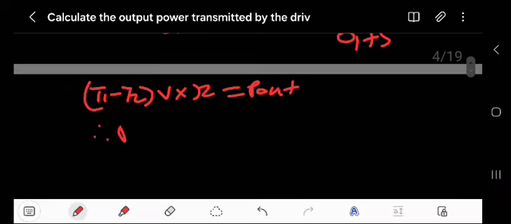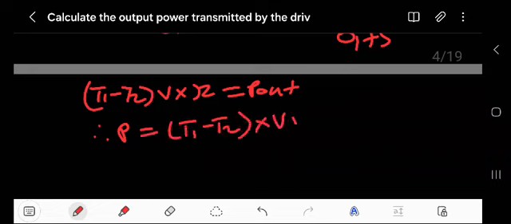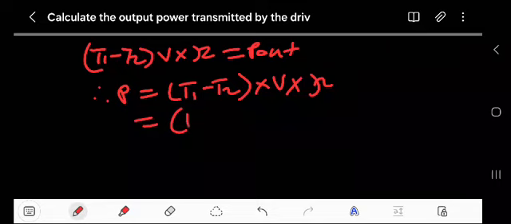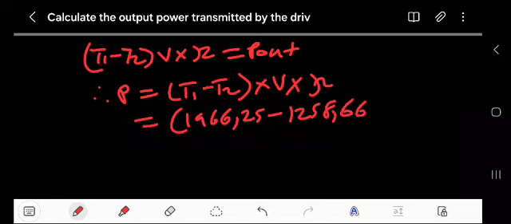So that is how I got this formula. That is why I'm saying power will be equals to T1 minus T2 multiplied by V multiplied by the coefficient of the efficiency. Yeah guys, do not be amazed. So T1, we know it was 1966.25 minus T2, the one that we've just calculated, multiplied by velocity, which was 28.3, multiplied by the efficiency, which is 0.75.